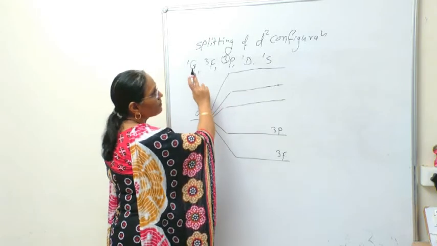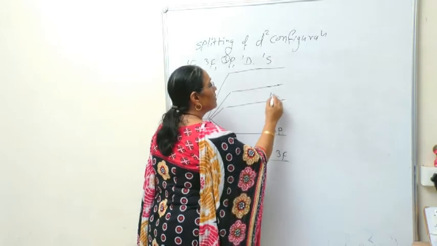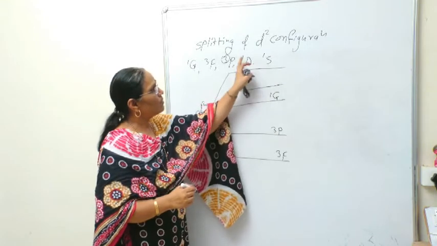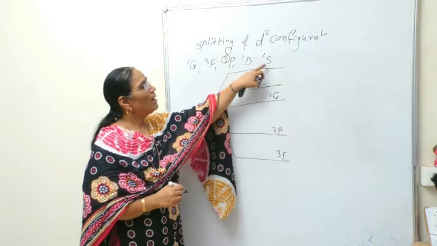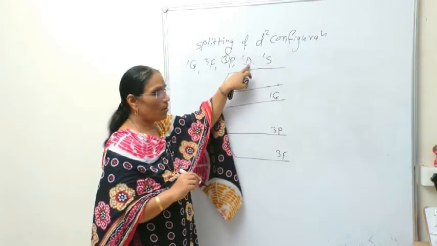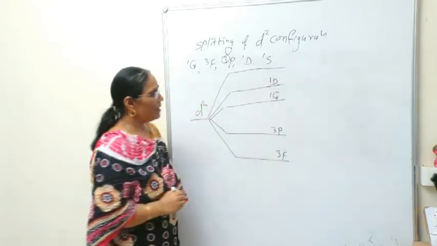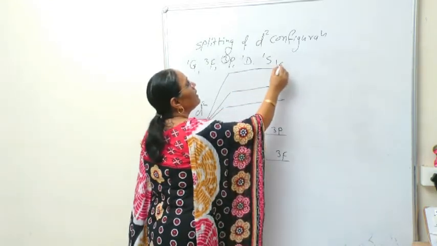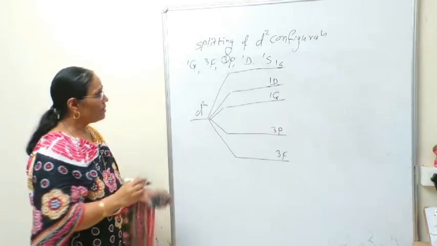So the highest orbital multiplicity term is singlet G. Next to singlet G, out of these two terms, both have the same spin, but D has orbital multiplicity of 5 and S has orbital multiplicity of 1. Therefore, the higher orbital multiplicity term, that is singlet D, will be next, and the remaining one, singlet S, will be highest in energy out of these 5 terms.